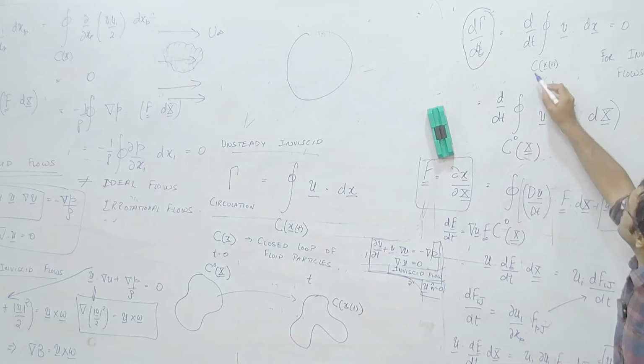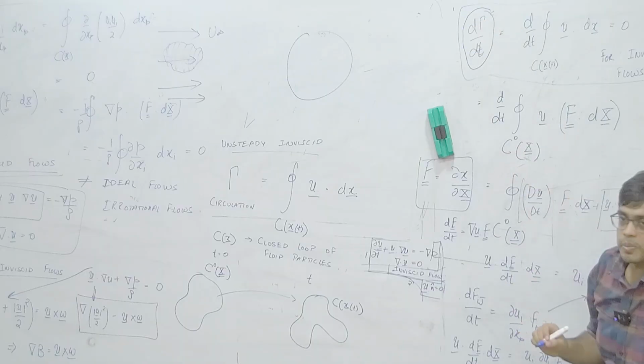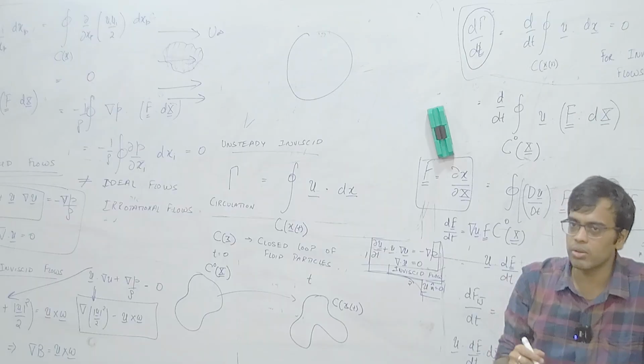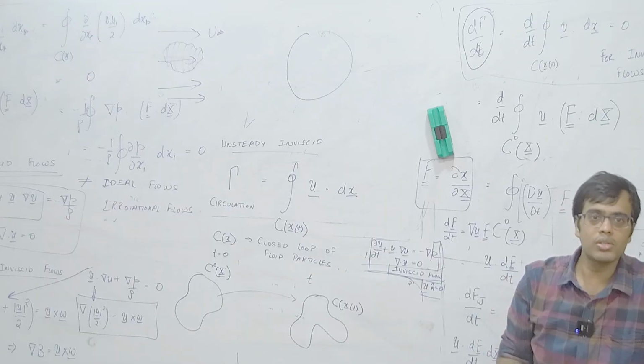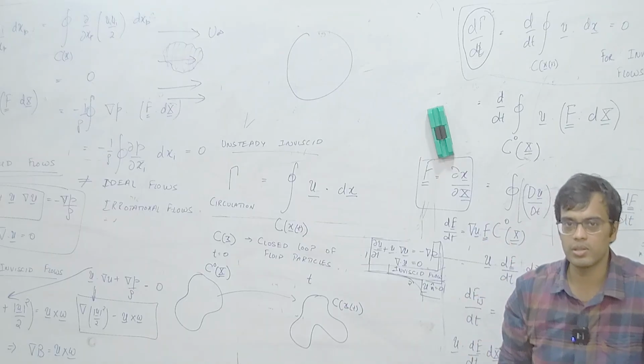That is what Kelvin's theorem specifies: for inviscid flows the rate of change of circulation gamma is 0. So if initially you don't have any circulation, you will not develop any circulation later on either.